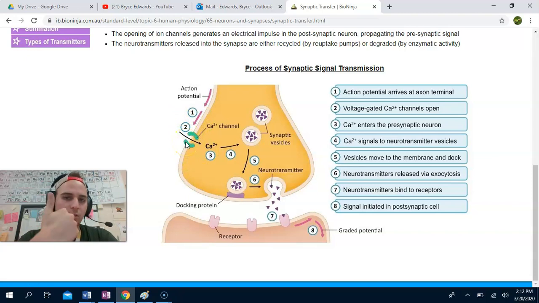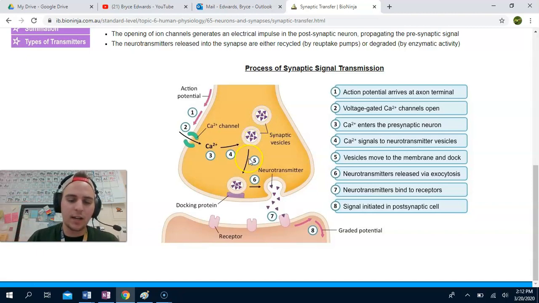We've seen it activate sodium channels, we've seen it activate potassium channels. Once it gets to the synapse, it opens calcium channels, Ca2+. Calcium floods in from the outside, and what it does is it signals to these vesicles here that we've got to go. Like, it's time, get out.